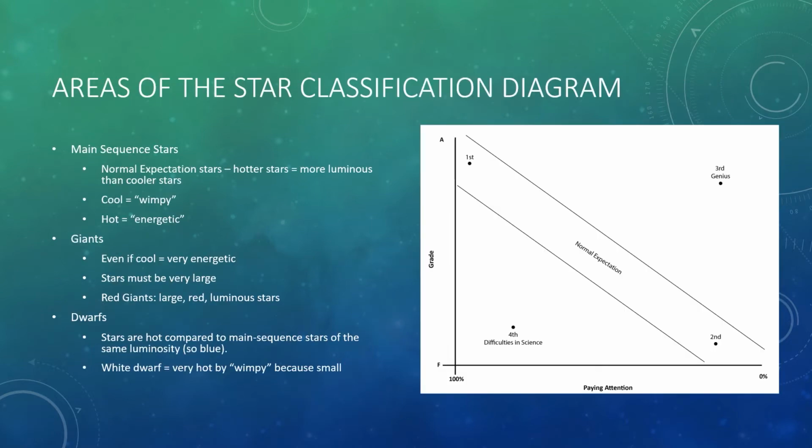So in this diagram, there are also areas like our student classification diagram. Main sequence stars are your normal expectations. If they are cool, they aren't luminous, versus if they are hot, they are very luminous. Giants are the equivalent of our genius section, where they're very cool, but still very luminous because they're very large.